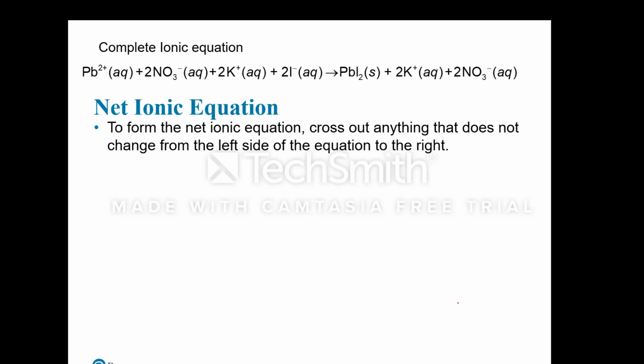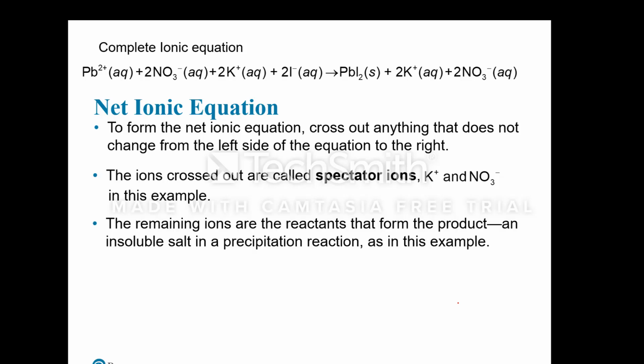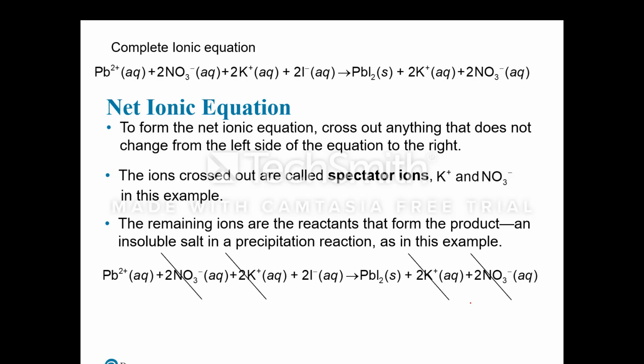So for example here, the potassium and nitrate ions are spectator ions. And we see these ions in both the reactant side and the product side. So we don't write in the nitrate ion or potassium ions on either side of the reaction. We just write lead 2 plus aqueous plus 2 I minus aqueous produces lead 2 iodide solid. And that's how you write net ionic equations.